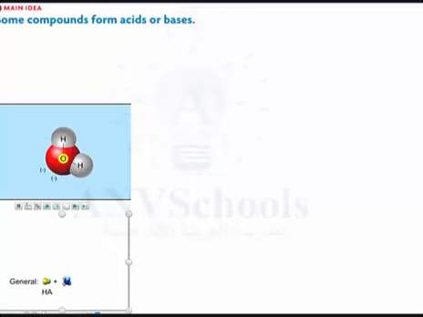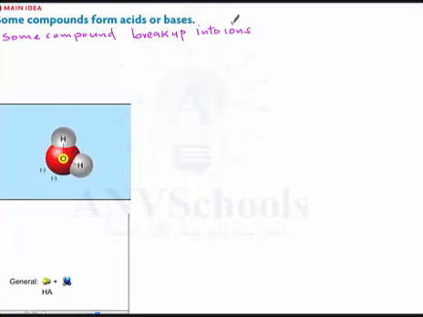Some compounds break up into ions when they dissolve in water.